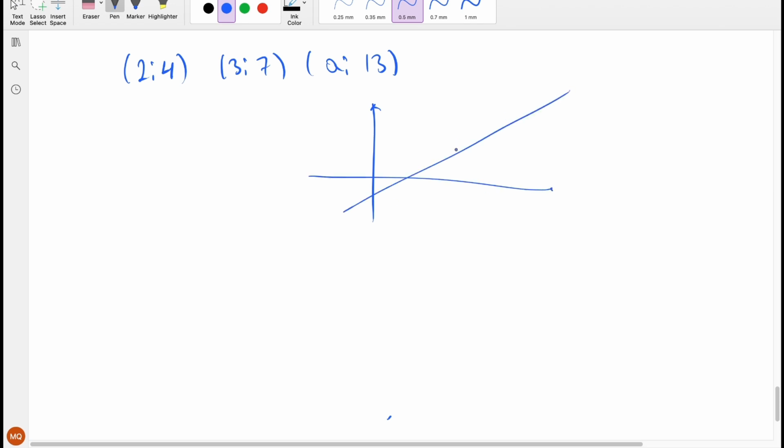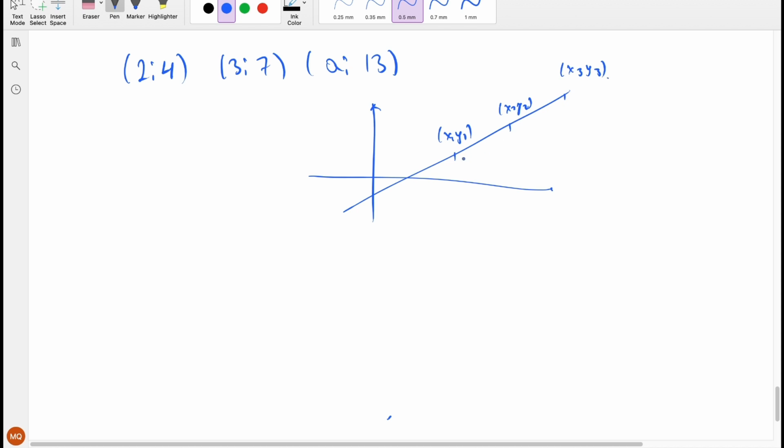Okay, we talked about slope. Now let's think of a question like this: 2, 4, 3, let's say 7. Let's write here a and 13. What's the value of a? Here we have 3 points. Let's say they are x1 y1, x2 y2, x3 y3.